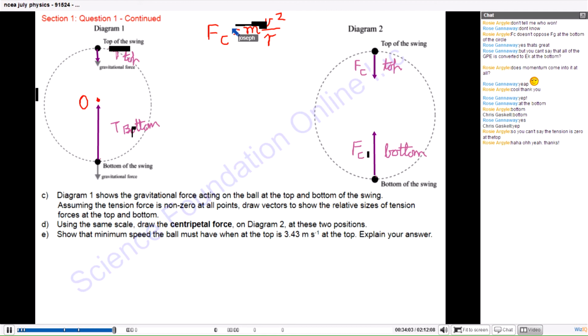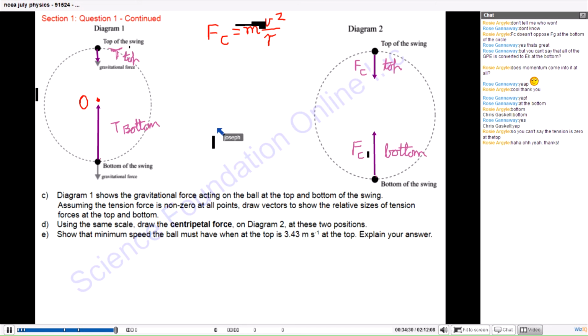Now, if you made the speed go down enough to make the centripetal force needed become zero, then what happens? We don't need any tension force. The gravitational force will actually make it just fall down due to gravity. Rosie, does that make sense? And of course here, it said it was non-zero at all points.